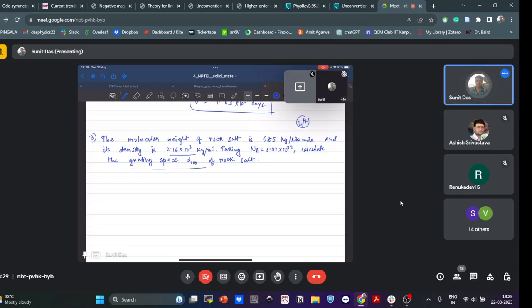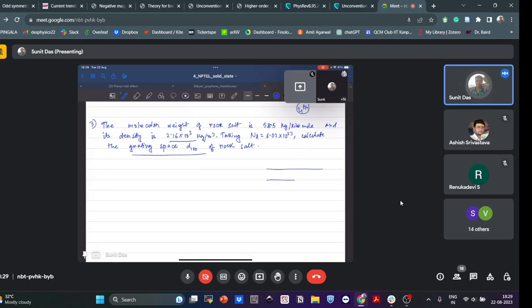Grating space is basically the interlayer distance or interplanar distance d, which we usually use in X-ray diffraction. So this is d100 that we need to find. Let's try to find it, and then I'll solve.